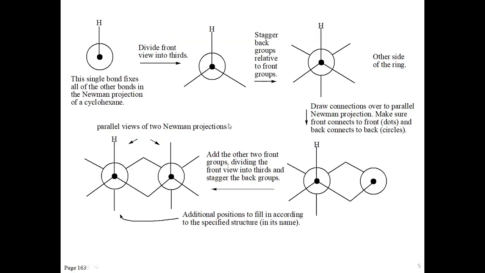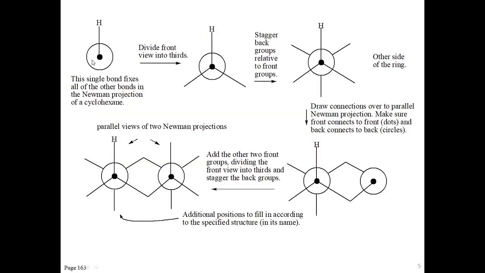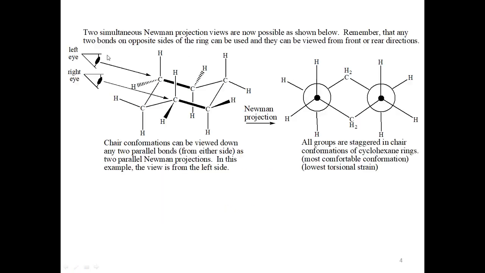All right. Now, as far as drawing the chair, let's go back just a moment. We're going to look on the left side here. We see the axial is up. So that'll be our first Newman projection. So we're going to start right here. The dot is the front carbon and the axial is up. Now, if you knew everything that was coming, you could draw the entire structure from that one bond. But let's just take a look. Let's go back.